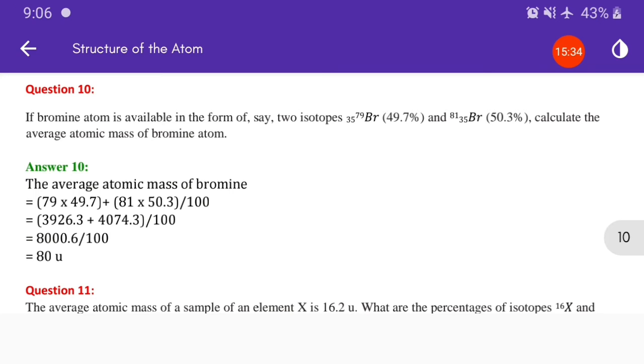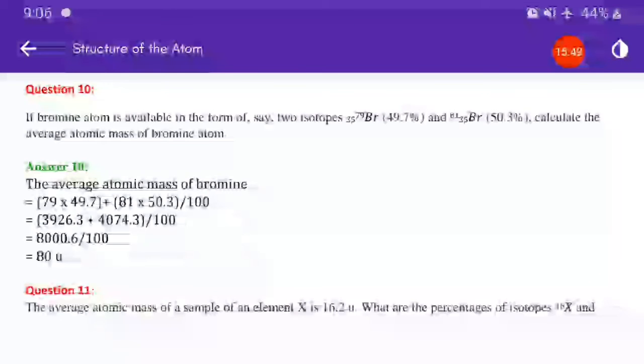Question number 10. If the bromine atom is available in the form of two isotopes, bromine-79 with 49.7% and bromine-81 with 50.3%, calculate the average atomic mass of the bromine atom.